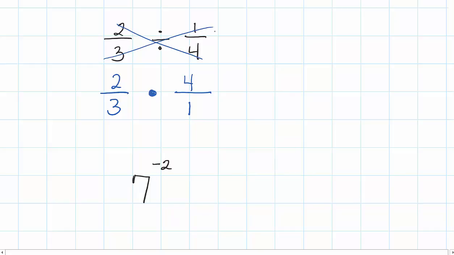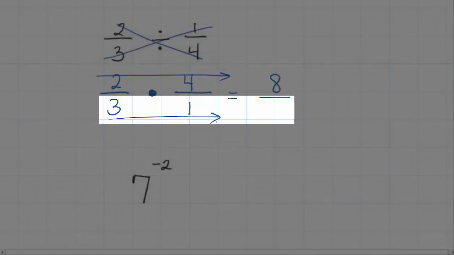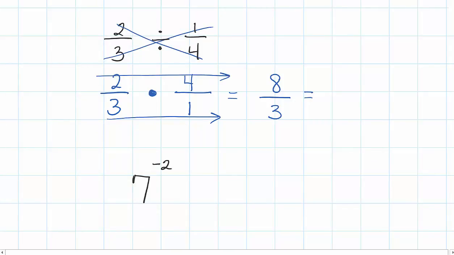Now I can go ahead and solve this division problem that we've now switched to multiplication. In order to multiply these numbers, I just multiply straight across. 2 times 4. That's going to give me 8 for my numerator, and 3 times 1 is 3 for my denominator. Now, this goes back to our rules for fractions, which we've already learned.